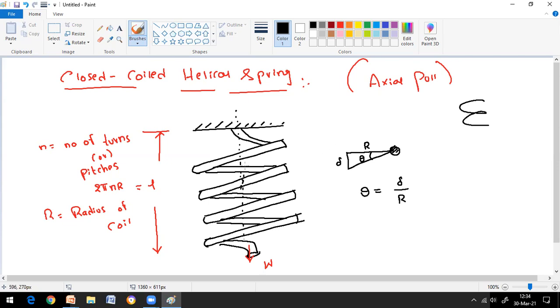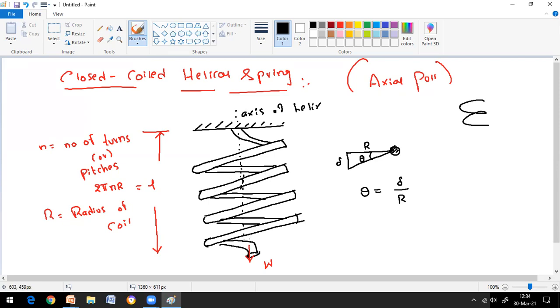If you take this ring, it is making exactly a right angle to the axis of the spring, the axis of the helix. So each ring is making exactly a 90 degree angle to the axis of the helix. By that, the stress upon the material is almost in the form of pure torsion.